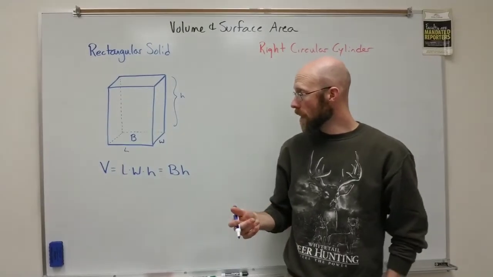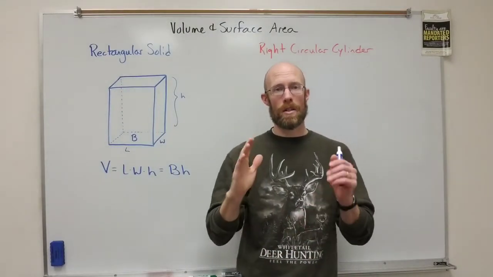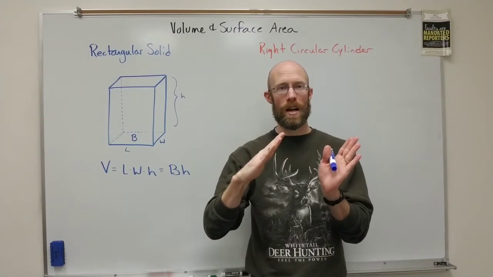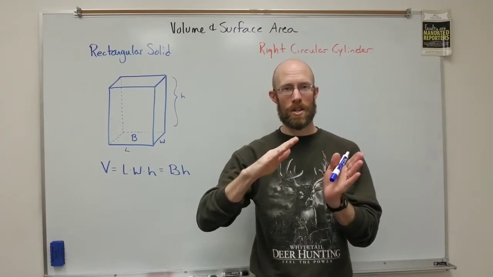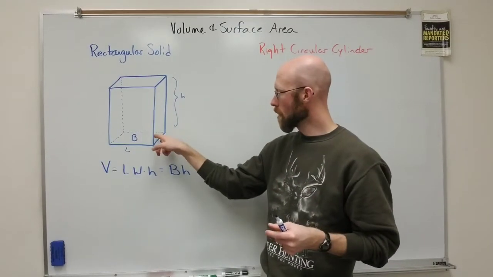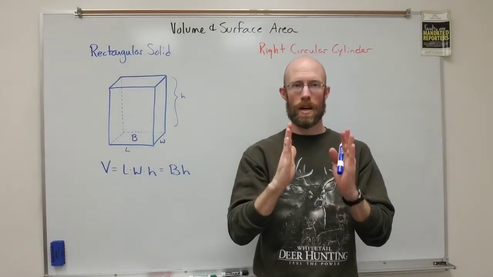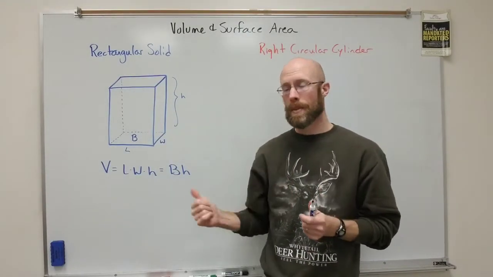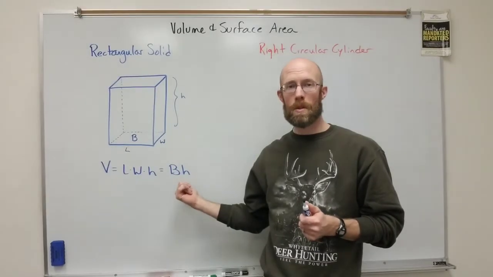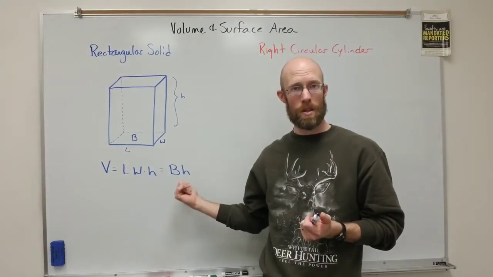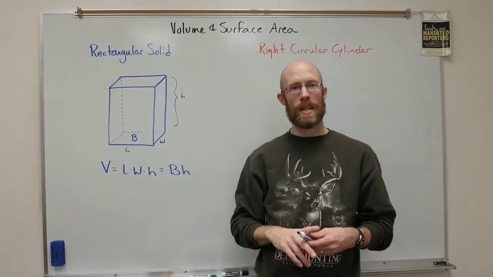What's kind of neat about that is that if you imagine tipping that rectangular solid in any dimension so that the rectangles are no longer at 90-degree angles to each other, but they're tilted, the volume formula doesn't change, which is kind of an interesting fact. It's kind of like taking a deck of cards.